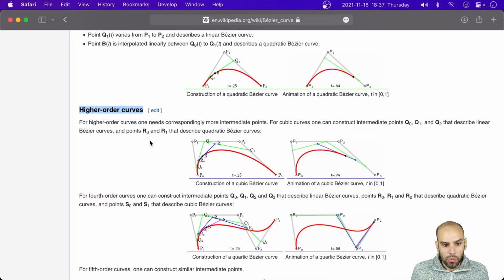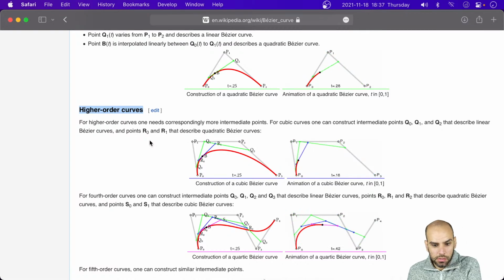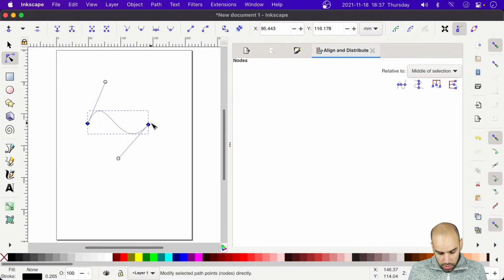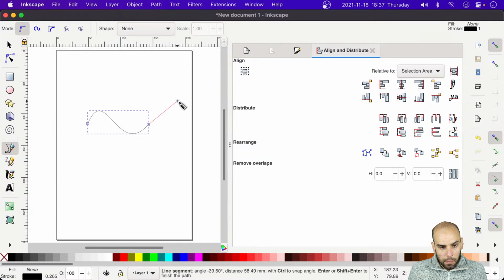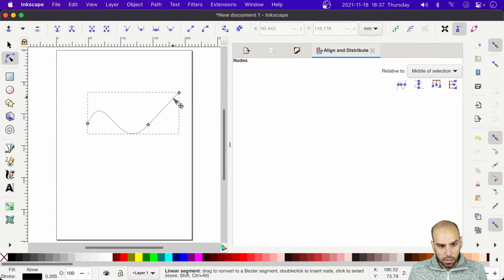And you may be wondering, why not go higher order? Well, because you can make paths with multiple Bezier curves.